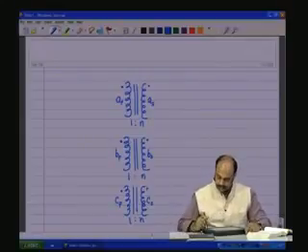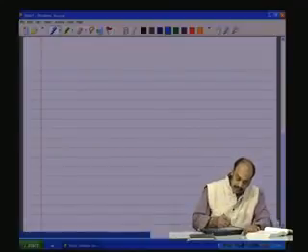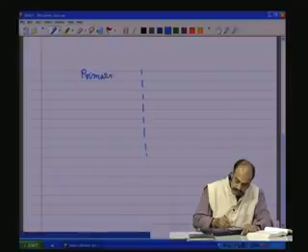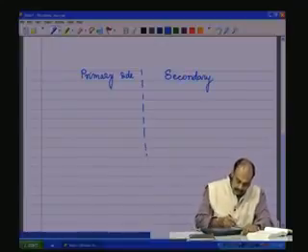Now, these three single phase transformers can be connected such that on the primary side and on the secondary side we can have the following topologies.